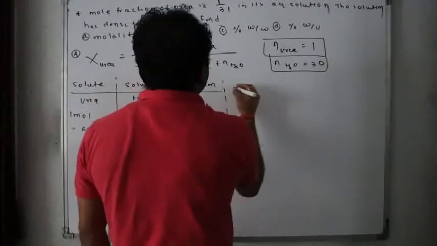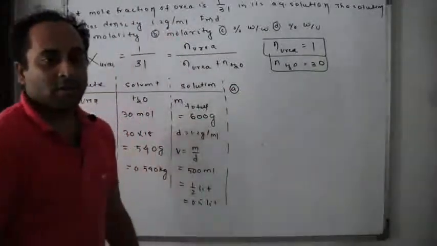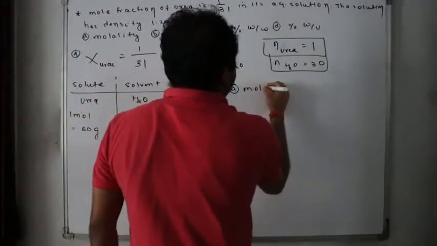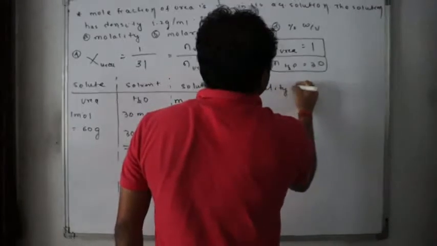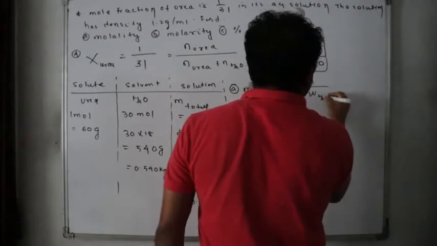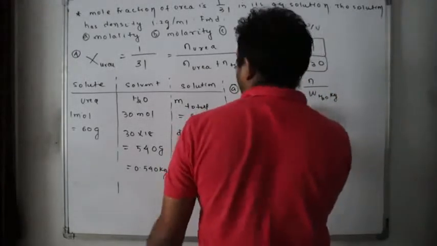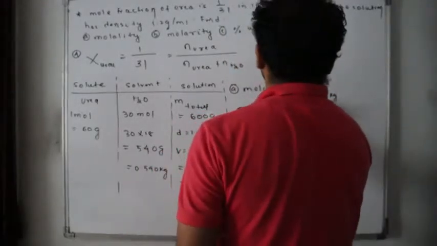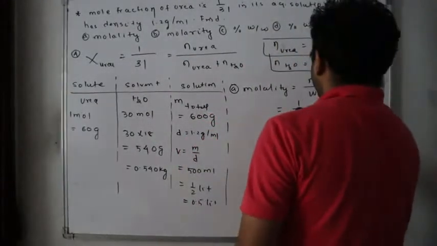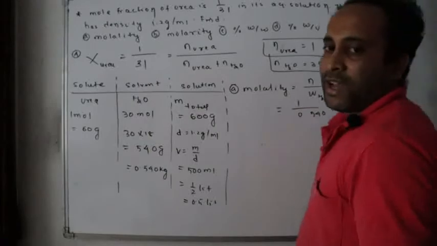First question is molality. Molality is number of moles by mass of water in kg. Now number of moles, how many? 1 mole. Mass of water in kg is 0.540. So 1 by 0.540 molal. Am I loud and clear?